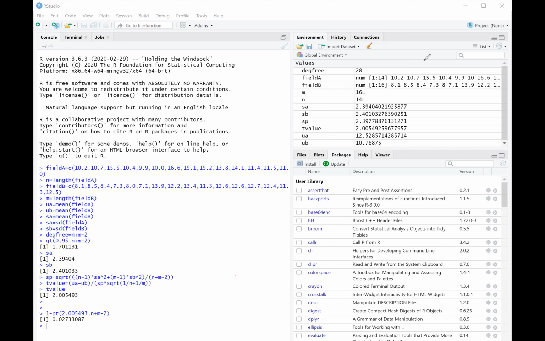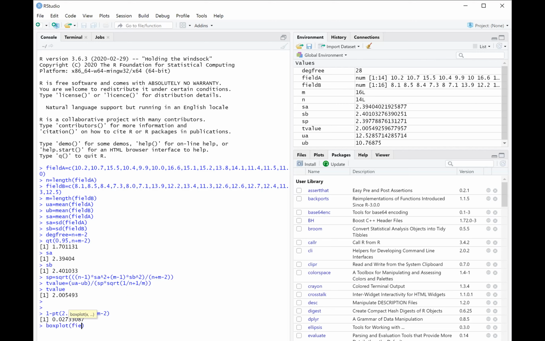We've calculated the p-value. Now let's actually look at a graph of the data to see what the depiction might look like. We're pretty confident that the mean of field A is bigger than the mean of field B. Well, let's visualize that data with a box plot.